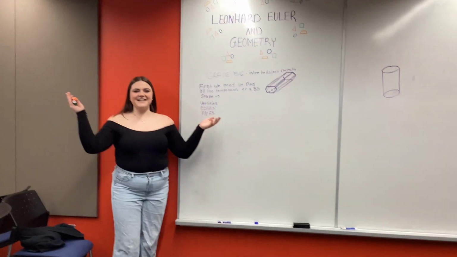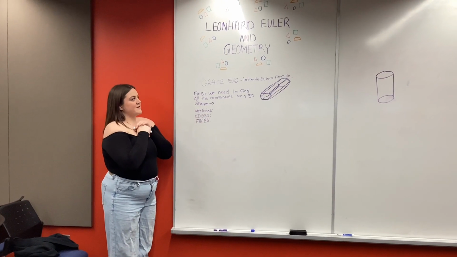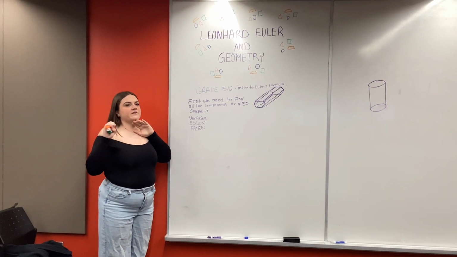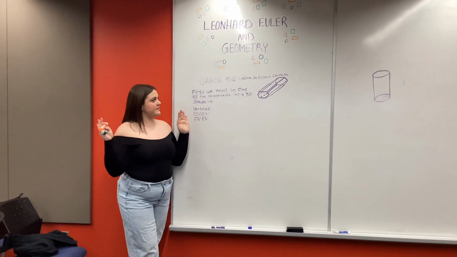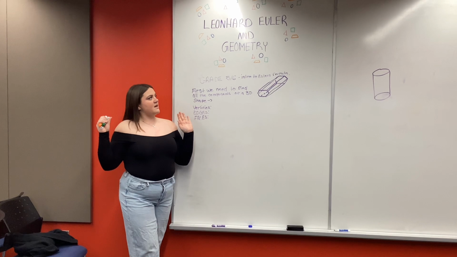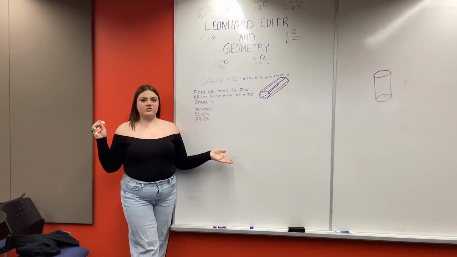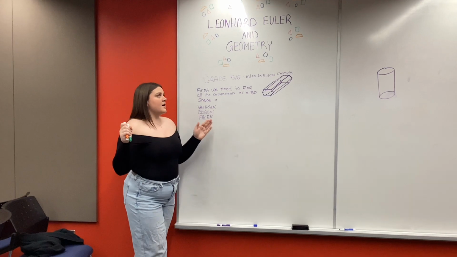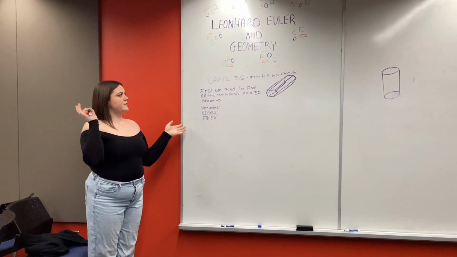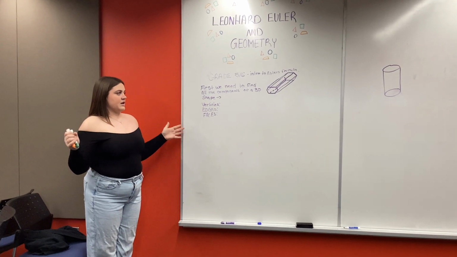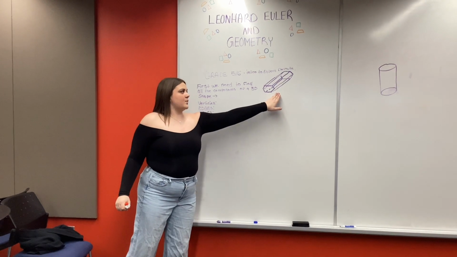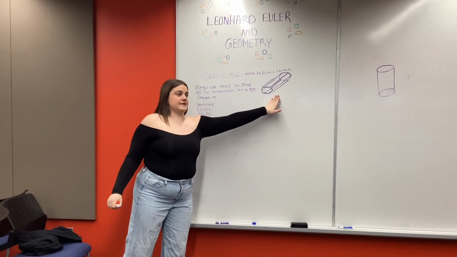Good morning, everyone. So for the second lesson today, we are focusing more on grades 5 to 6, and I will be introducing Euler's formula when talking about 3D shapes and polyhedrons. So first we need to find all the components of the 3D shapes. So for the first shape, we have a hexagonal prism.